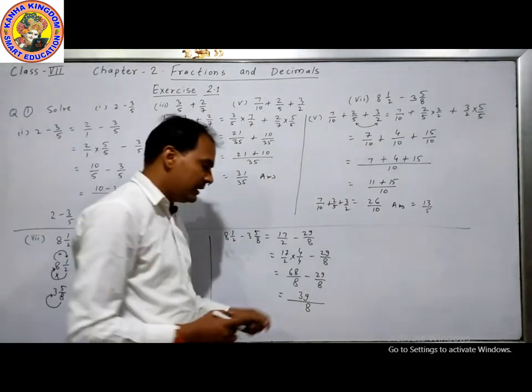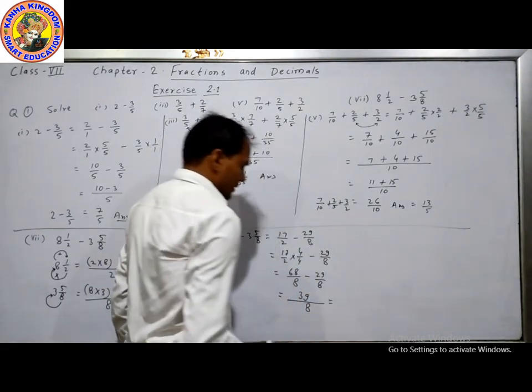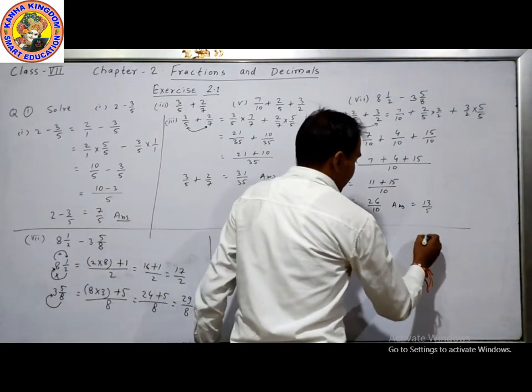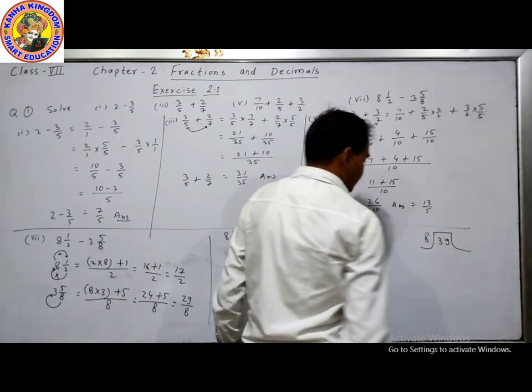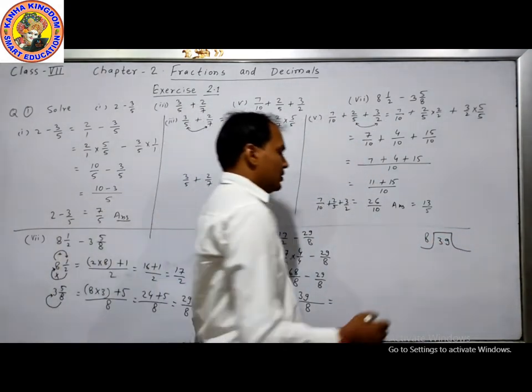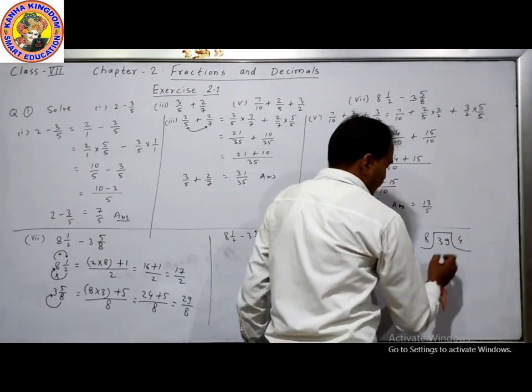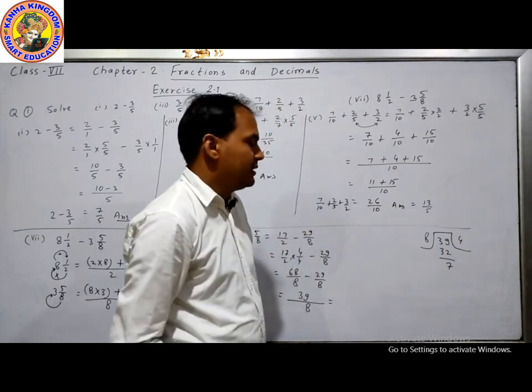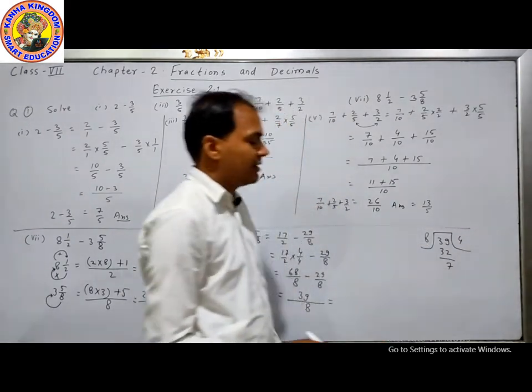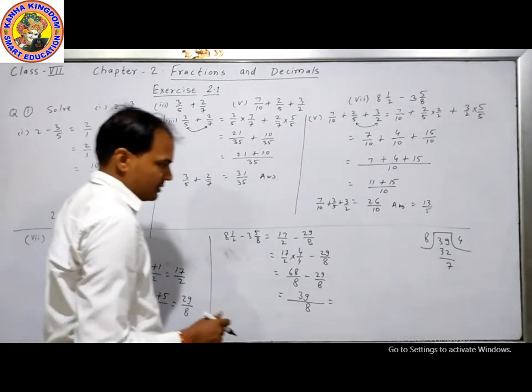The answer will be in mixed fraction form. For converting this number, 8 fours are 32, remaining 7. 7 is less than 8, so we stop.